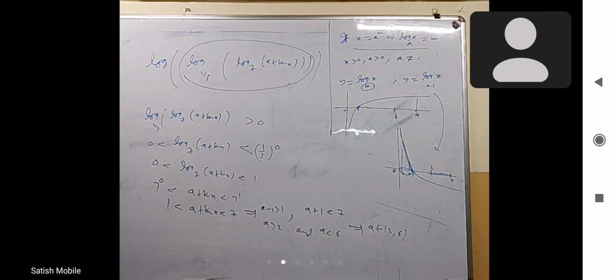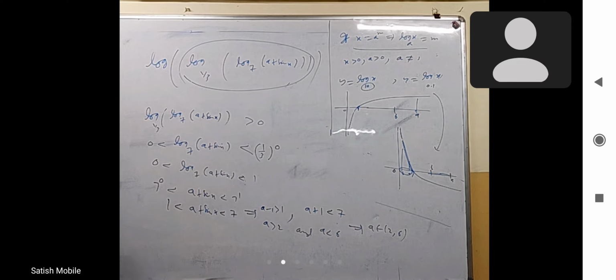Nandakishore, did you try the sixth question? You want to tell us how to do it? Yeah, 4x cube minus 3x is equal to minus root 3 by 2. I applied cos on both sides. You applied cos on both sides.